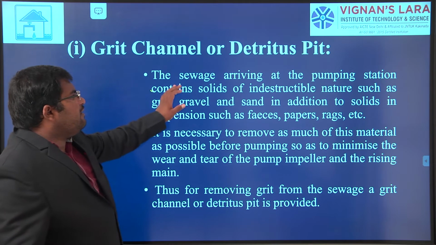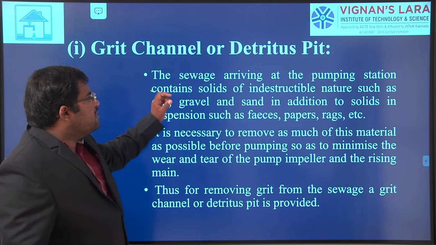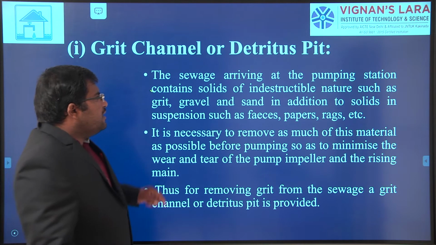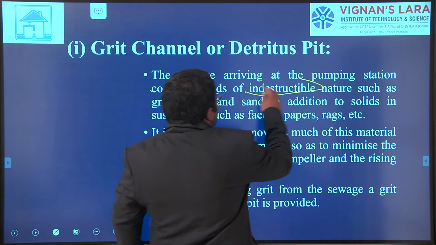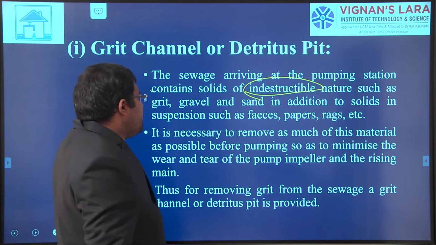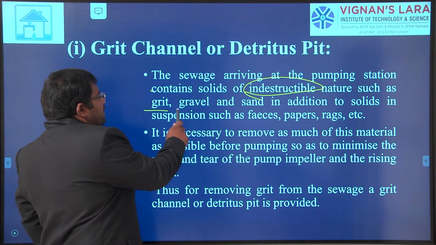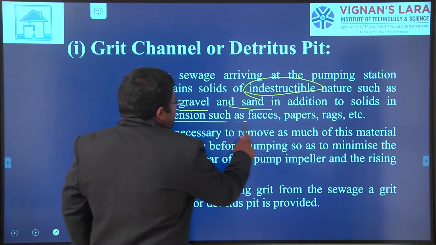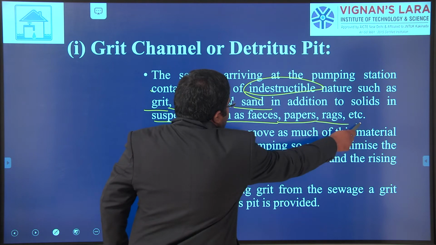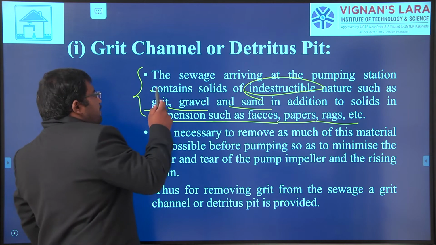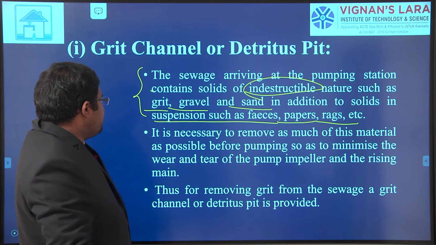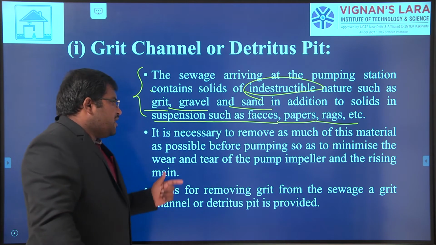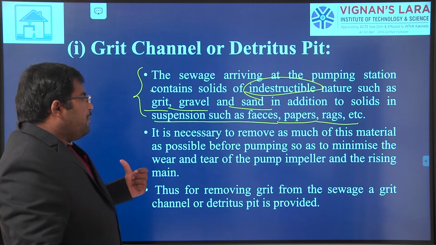Now the sewage arriving at the pumping station contains solids of an indestructible nature, which we can't destroy and which remain the same size, such as grit, gravel, and sand, in addition to suspended solids such as fecal matter, papers, rags, etc. All these will come to the pumping station. It is necessary to remove as much of this material as possible before pumping.